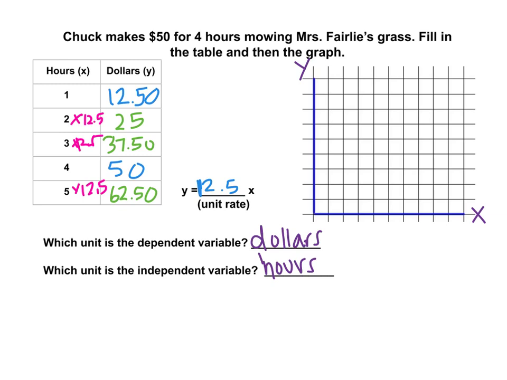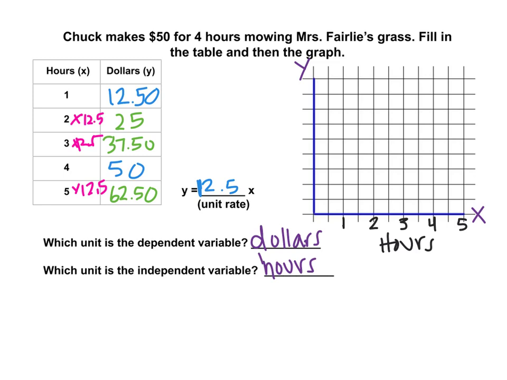Okay, so now let's go ahead and graph this. Again, like I said before, make this easy for yourself. I know for my hours I have to go 1 through 5. So over here, I'm going to count up again: 1, 2, 3, 4, and 5. This is my hours. And then on the Y, it's counting up by 12.5 or $12.50.